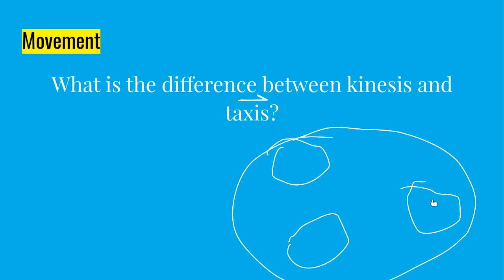Does anyone want to take a stab at it? Firstly, what am I changing if I'm slowing down here and then speeding up here? Am I changing my direction, or what am I doing? You're changing your speed. Yeah, so speed is what kinesis is all about. And then how does it help me to speed up here and slow down there?